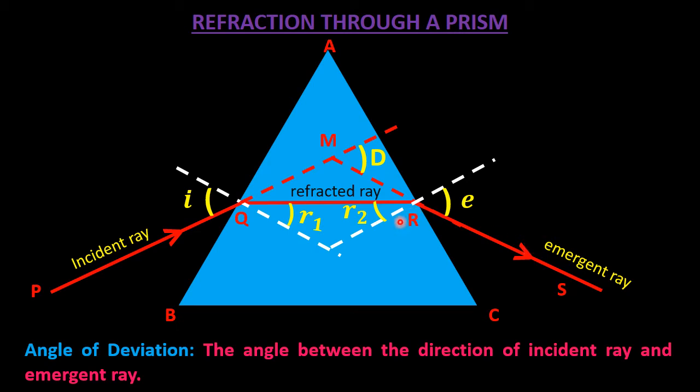So this angle of deviation gives how much the path of the ray has been deviated from the actual path after refraction.